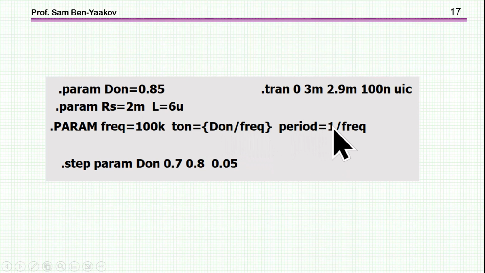So all these are required for the definition of the drive to the transistors, okay? This is now a transient analysis, and this is the range of the time, up to 3 milliseconds, starting to collect data at 2.9 milliseconds. So this is the range here, although I'll be running it at different ranges later on.